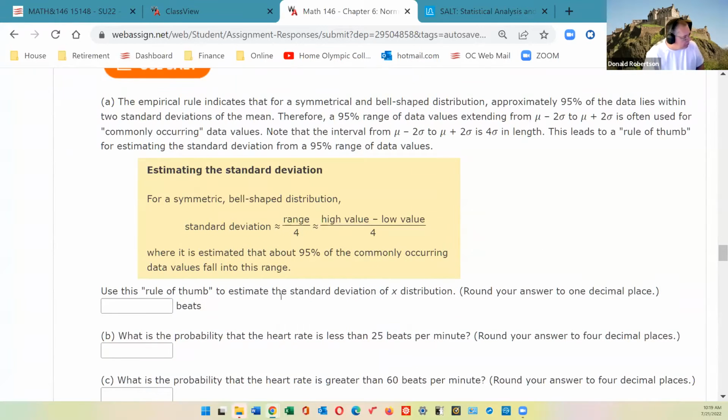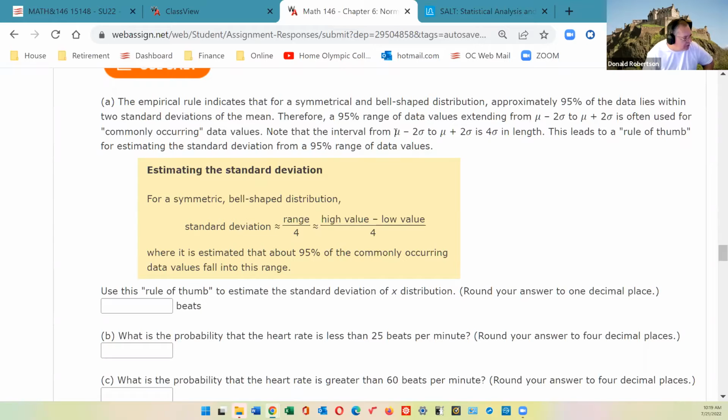Now they've got a nice little description here of something that they are telling us, and then we're going to use this piece of information. So one of the things the empirical rule tells us is that for symmetric, bell-shaped data, approximately 95% of the data lies within 2 standard deviations of the mean. We know that, right? 1 is 68, 2 is 95, 3 is 99.7.